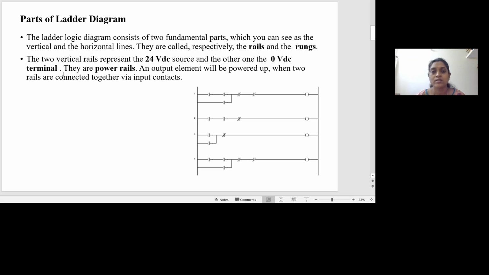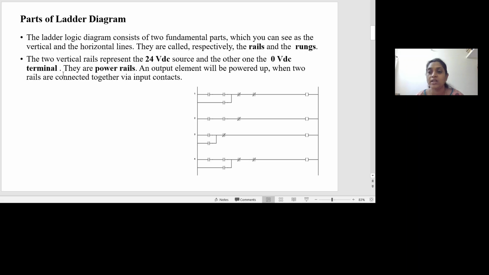So in the earlier session also, I told you about a ladder diagram. Let me recap it. A ladder diagram consists of two fundamental parts, vertical lines and horizontal lines. The vertical lines are called the rails, and horizontal lines are called rungs. A rail carries the power. One rail carries 24 volts DC.